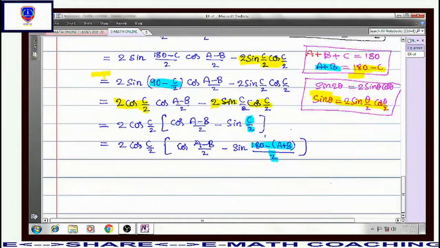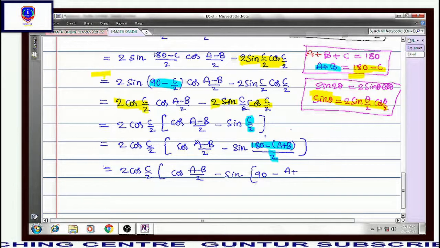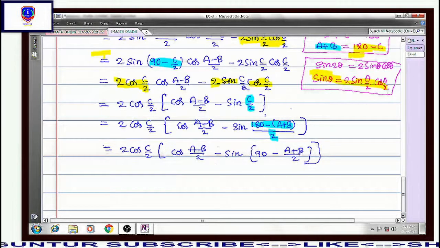Later, 2 cos C by 2 of cos of (A minus B) by 2 minus sine, separate the denominator, then we have 180 by 2 means 90, thereafter minus, thereafter (A plus B) by 2. Fine. Next, 90 minus theta, look here, 90 minus theta, it is in the first quadrant.